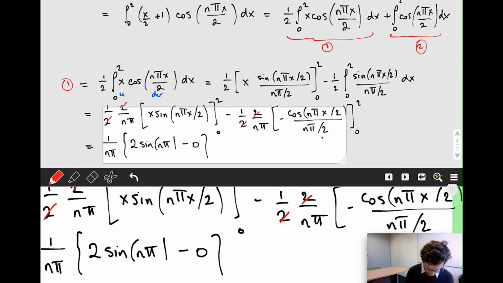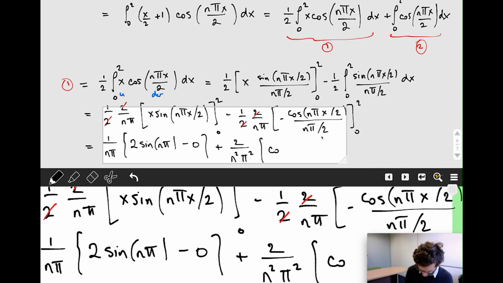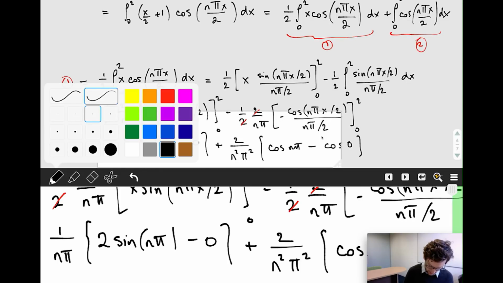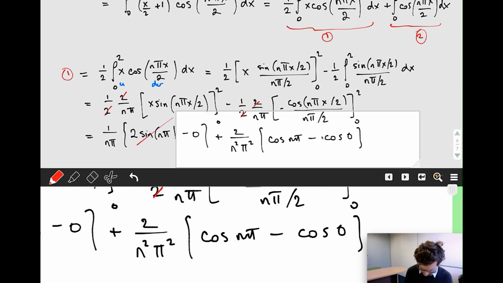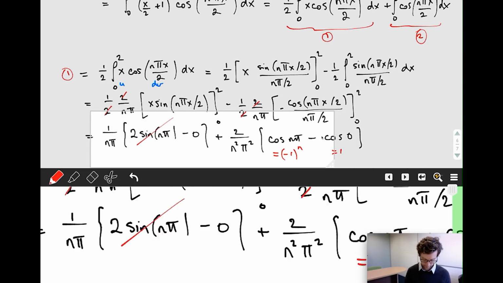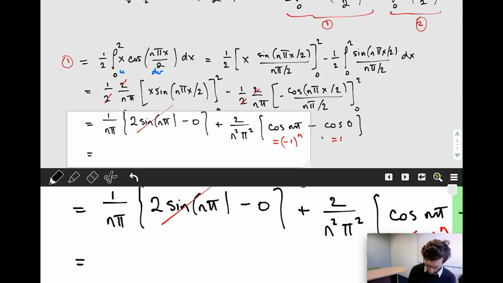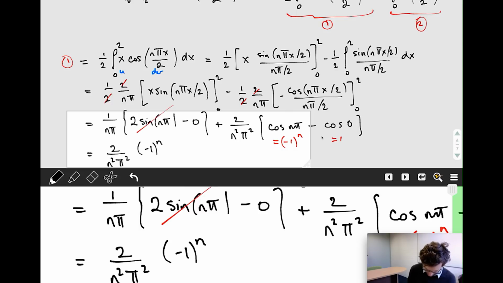These 2's will cancel, and I'll be left with plus 2 over n squared pi squared cosine of n pi minus cosine of 0. So I know that sine of n pi is 0. I know that cosine of n pi is minus 1 to the n. And I know that this cosine 0 is equal to 1. So this whole thing is equal to 2 over n squared pi squared minus 1 to the n minus 1.